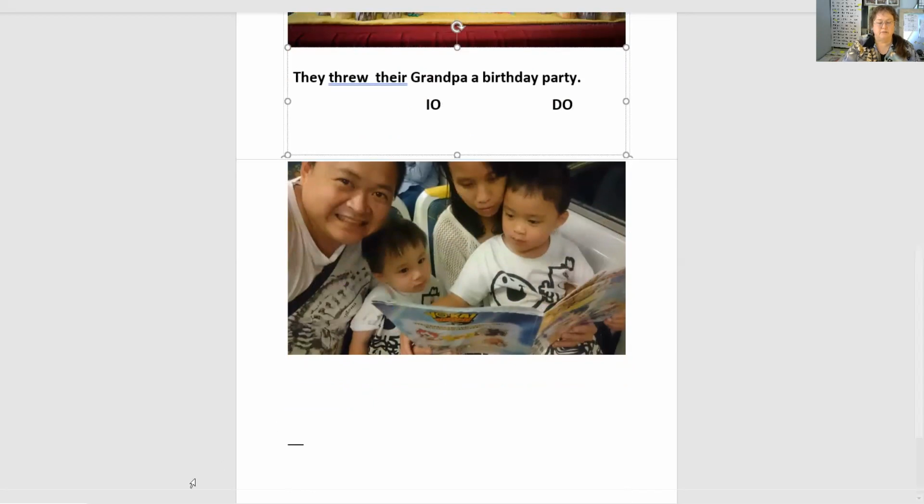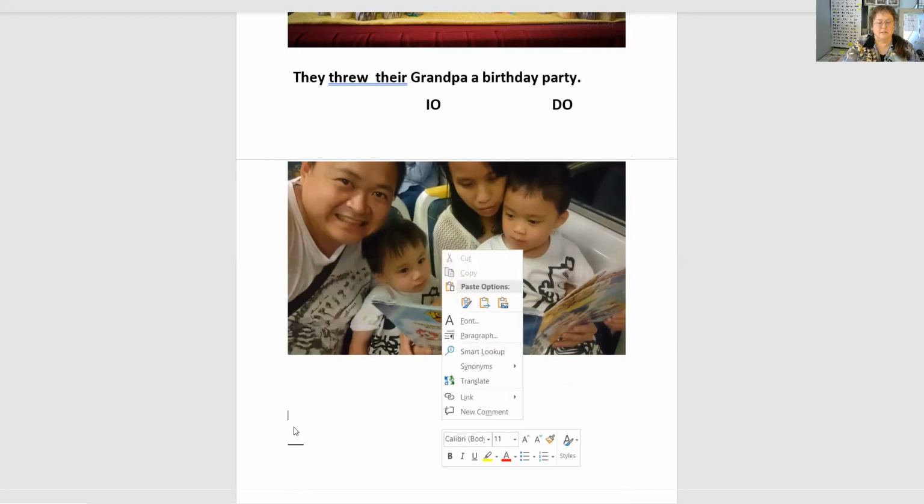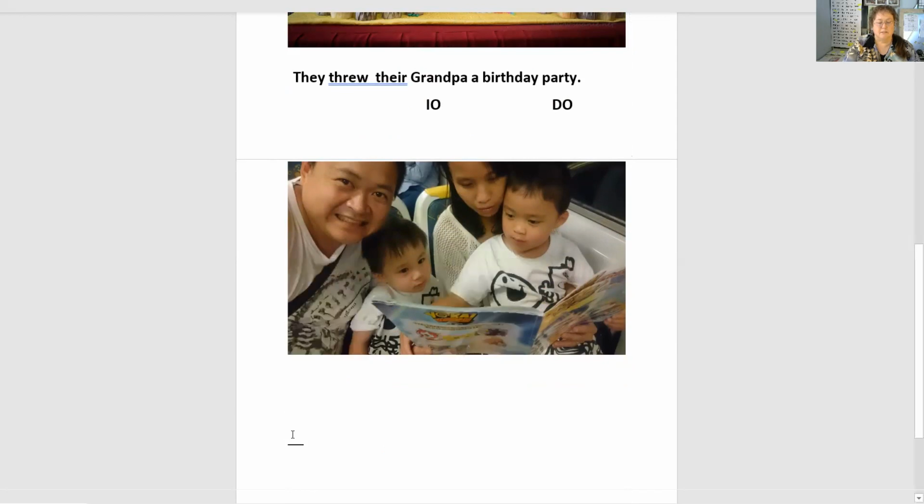Here you see a family. I don't know why all that stuff is coming up. And it looks like they are reading to their children, doesn't it? Looks like the parents are reading to the children.